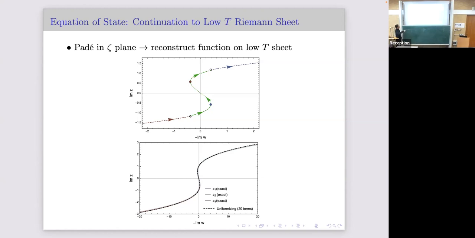And here the dashed line is the uniformizing map in 20 terms, and the colored solid lines are just the exact solutions to this cubic, which you can just write in different ways, the most efficient ways in terms of symmetry. So you get, just from doing this map re-expansion, the original expansion knows the connection formula going from sheet to sheet.